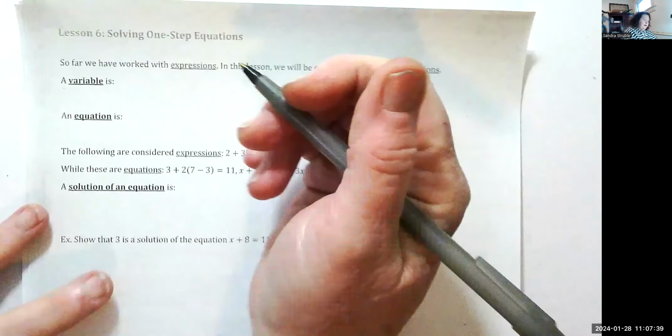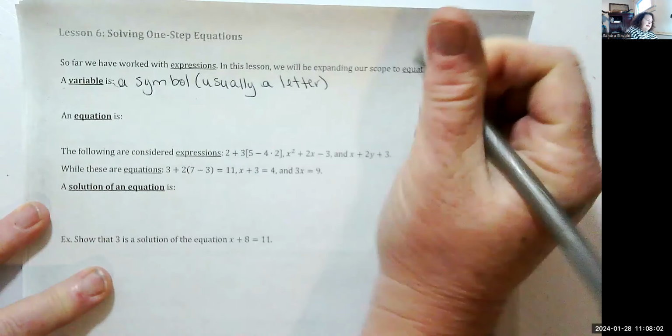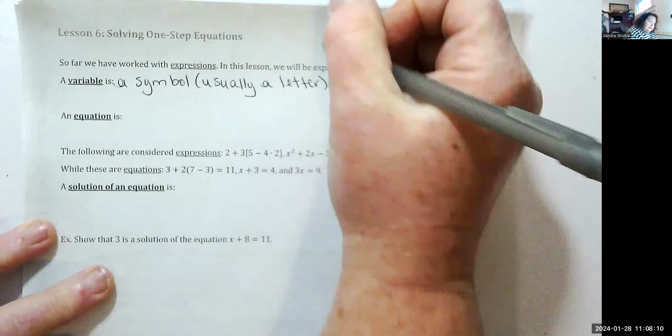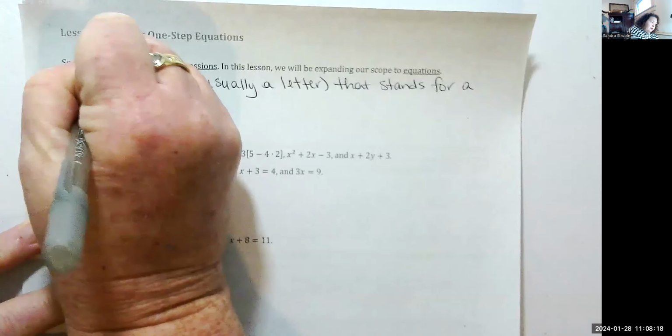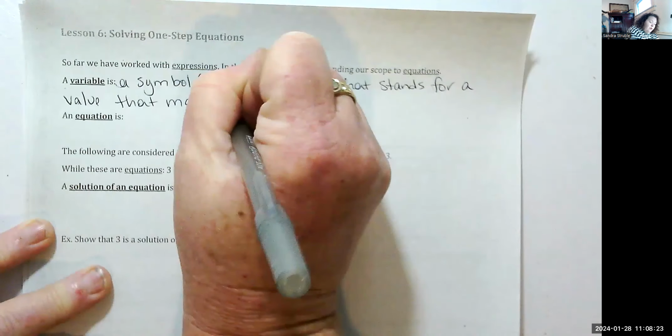It's just a simple symbol, usually a letter, and it stands for a value that may change or that may vary.